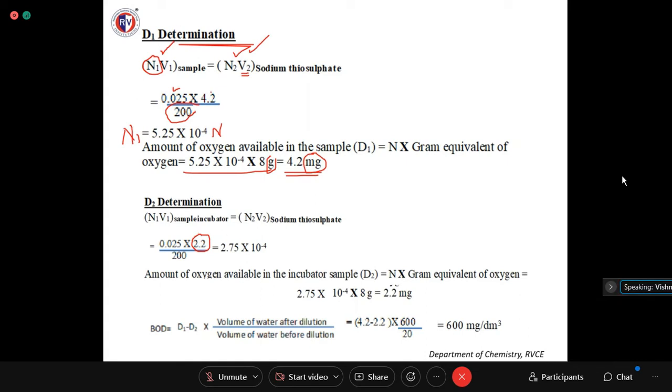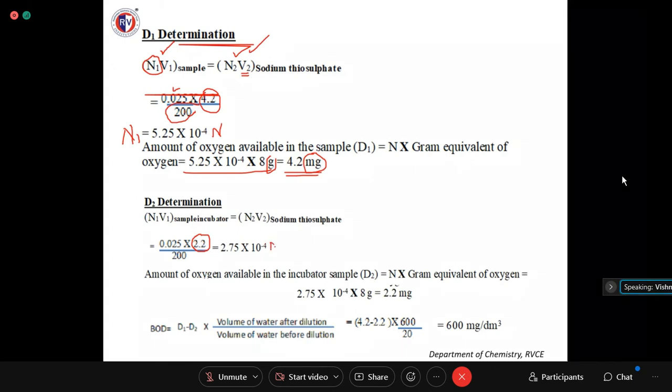Why is it so? Because here all the dissolved oxygen in the water sample is available for my titration. But after 5 days, some amount of dissolved oxygen is eaten by the microorganisms. Once microorganisms have eaten it, the oxygen concentration decreases. Obviously, the value will be less, 2.2.